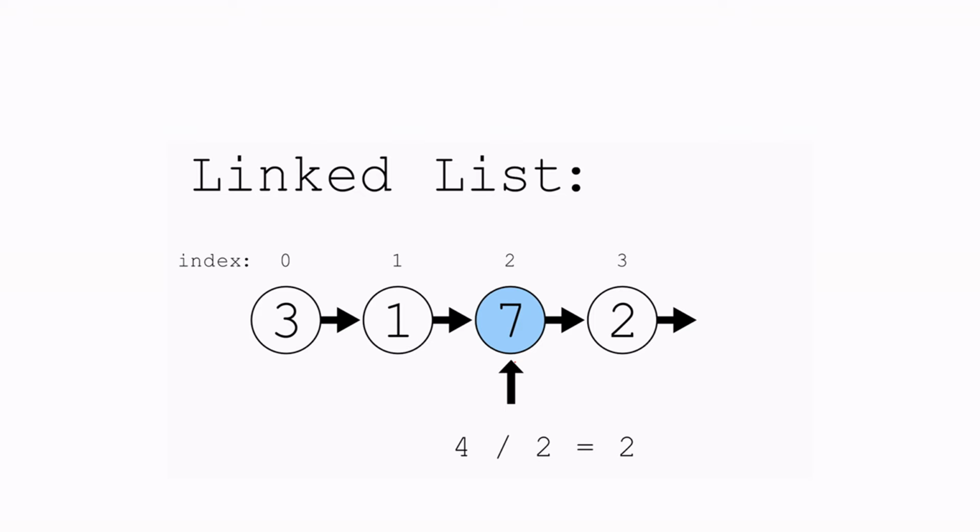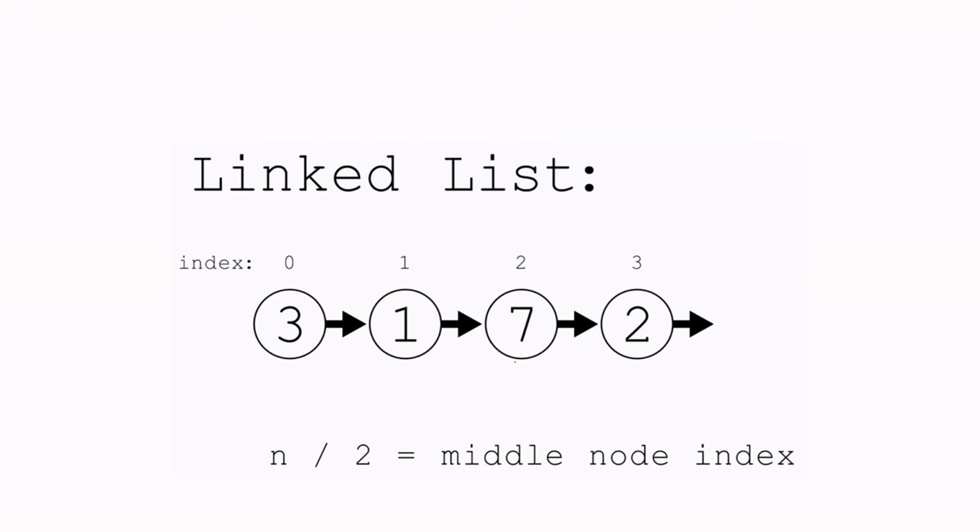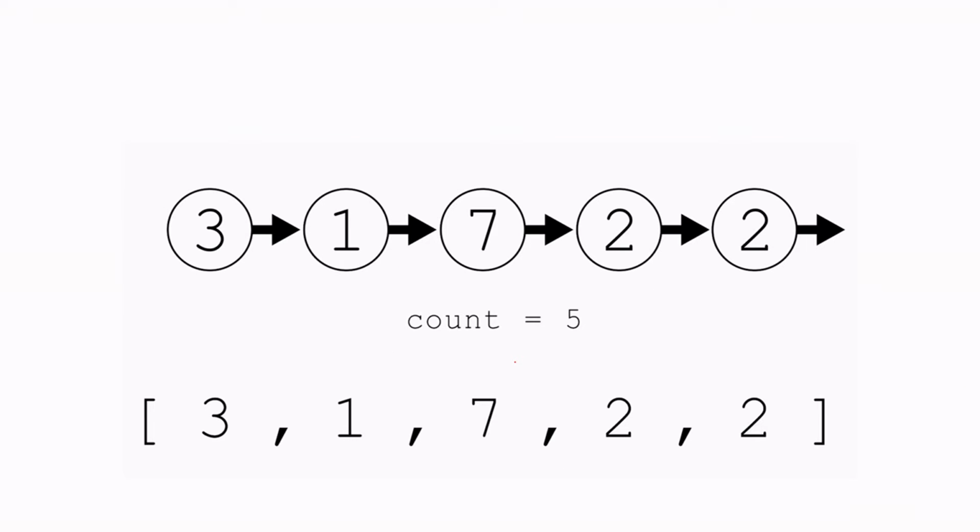So linked list get 2 gives us 7. Even if we had size 4, 4 by 2 is 2 only. At index 2 we have 7, and that's why we return it. So n by 2 will be the middle node index, and we can calculate it by storing this linked list into an array.